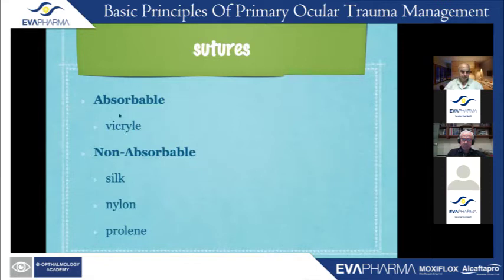And the idea about Vicryl is that it initiates some sort of inflammation in the tissues that makes it fibrotic and makes it heal quickly. So when to use the absorbable and when to use the non-absorbable?